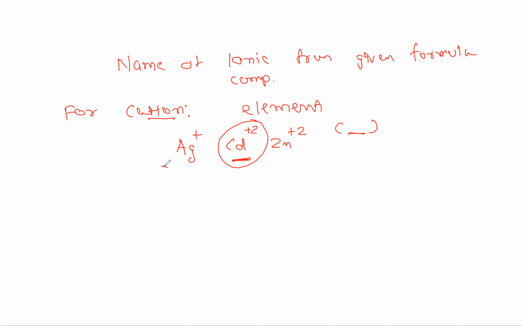So these are the 3 exceptions: even though they are in the transition elements, they do not carry any other charge than this. That's why when you name a compound that has one of these elements, you are just going to name it as an element. You are not going to write any Roman numeral. Why? Because it does not carry any other charge, same as Na and magnesium, which, as you know, always carry +1 and +2 charge.